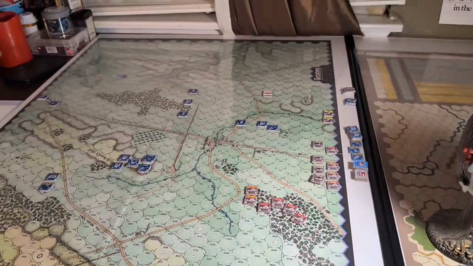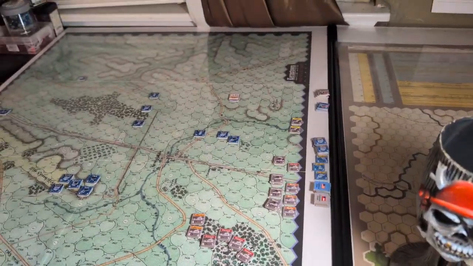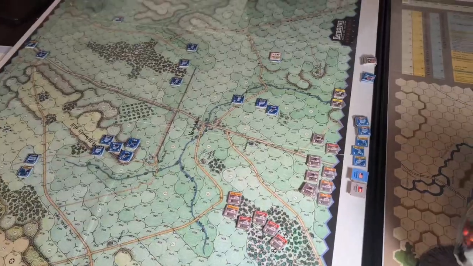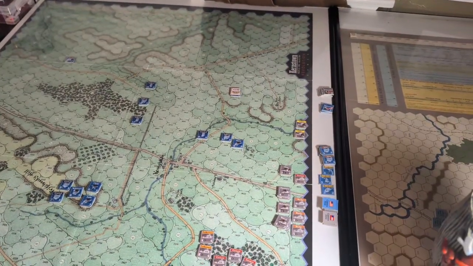All right, so the first thing we have to do here is have the artillery fire.